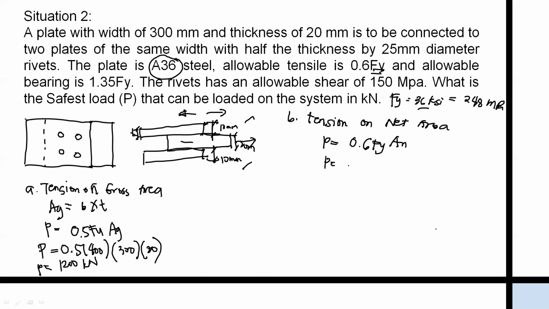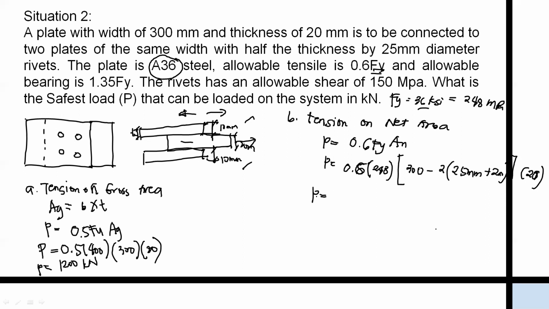So that is P equals 0.6 of your Fy, 248, and your net area would be 300 minus, we have two rivets which have a diameter of 25 millimeters, so we have to add 2 millimeters, and again multiply to the thickness of 20 millimeter.